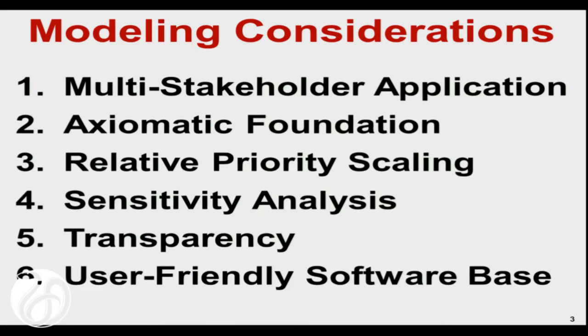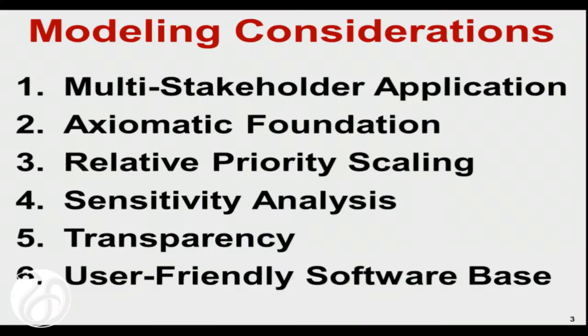And in doing so, in developing this model, we had a series of considerations that we thought were quite important for us to embed. The first is we wanted to have this accessible to people coming to the problem of vaccine prioritization from different viewpoints, a multi-stakeholder application, so that people that came to this from public health, from vaccine manufacturing, could all have their particular set of priorities available as evaluation tools.